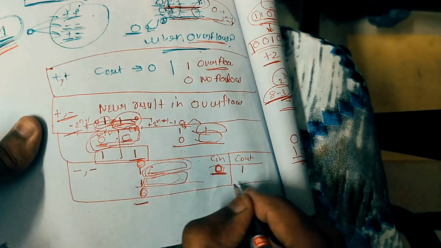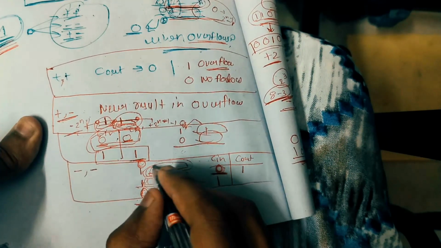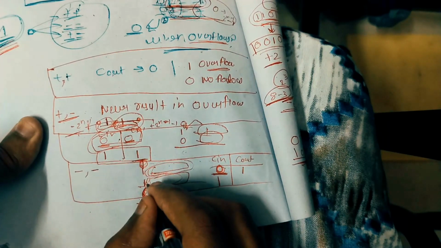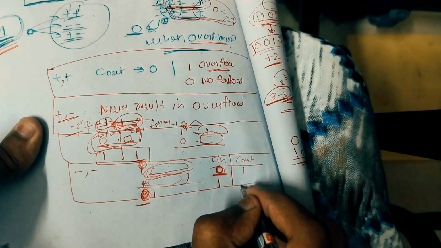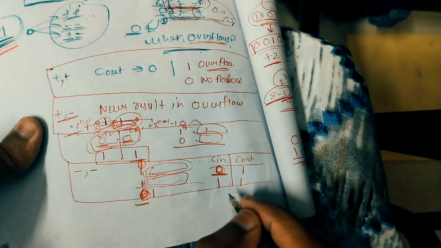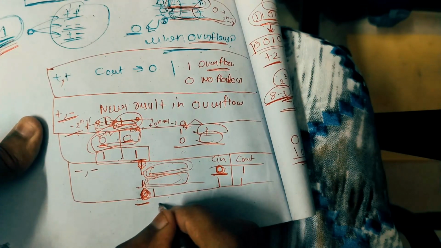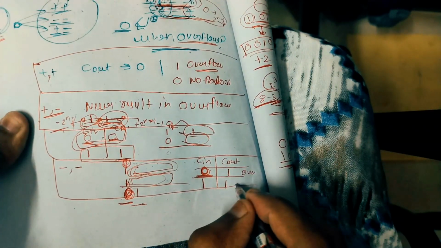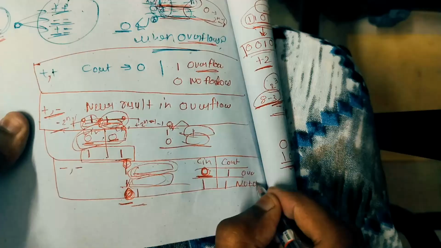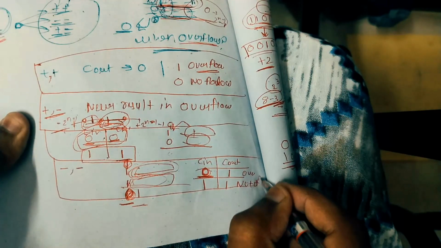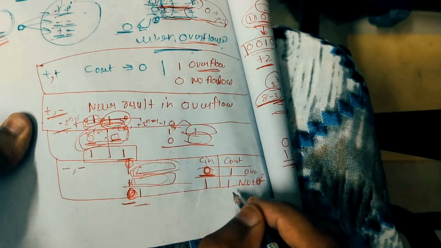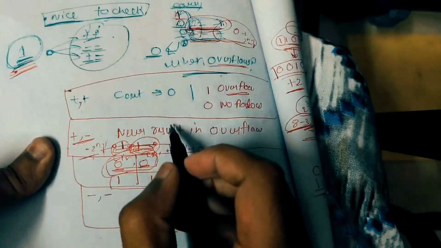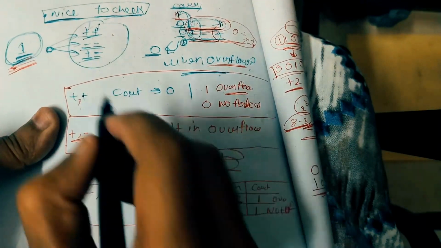If the carry in is 1, we have 1 plus 1 plus 1, and we also have a carry out, which is 1. But this is not a condition for overflow. So this was overflow and this was not overflow. Now I will show you the interesting pattern that is there in all these three cases.